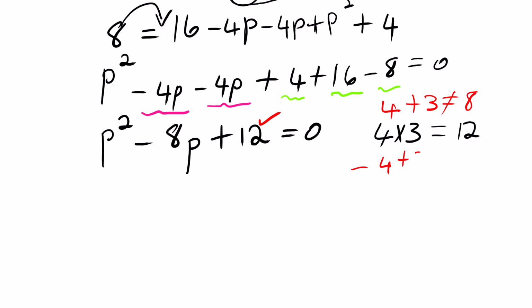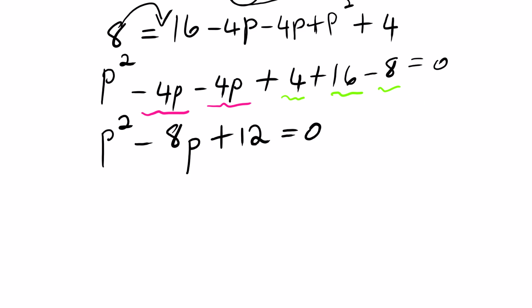Negative 4 plus 3, it's not equal to 8. Negative 4 minus 3, it's also not equal to 8. So you can see that these factors won't work in this situation.